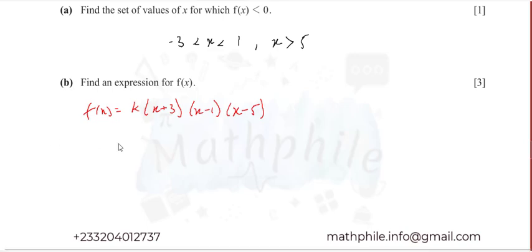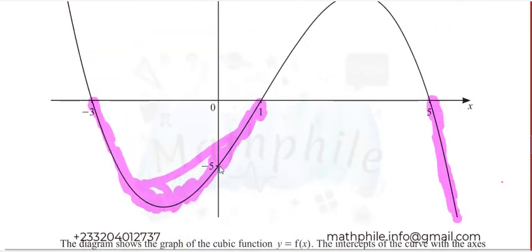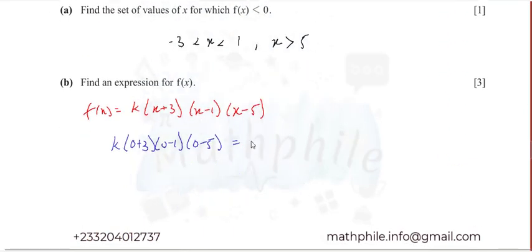We now consider the y-intercept. So for the y-intercept, x equals 0, so this gives you k into 0 plus 3, then 0 minus 1, then 0 minus 5. This is going to be equal to the y-intercept, which was -5.